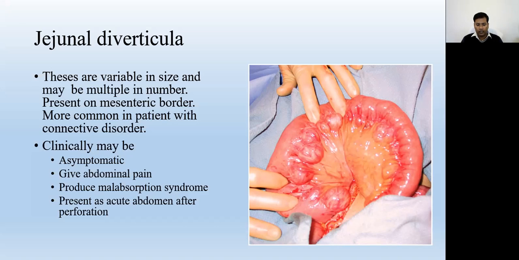That is the common phenomenon in all kinds of perforation. So all kinds of perforation come under acute abdomen conditions. So this diverticula also may present as an acute abdomen if it gets perforated.